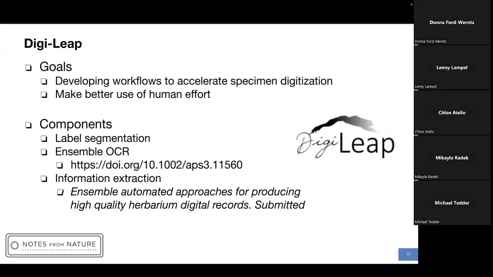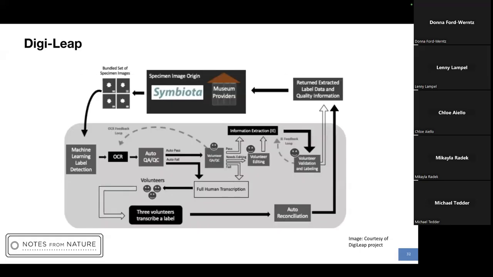And this is basically the algorithm that tries to give meaning to the words that the OCR pulls out. This is a very complicated diagram, but the basic idea is that we're trying to use humans at different portions of this process. For example, let's say we do some basic QA/QC on the OCR outputs, and then it fails.